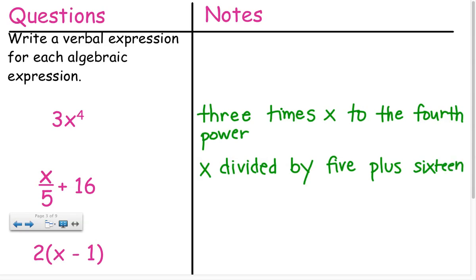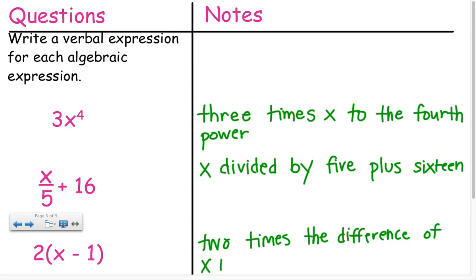And last, we've got 2 times, and then since that's in parentheses, I'm going to say the difference of x minus 1. So then that groups the x minus 1 together. Those two are joined in the parentheses.